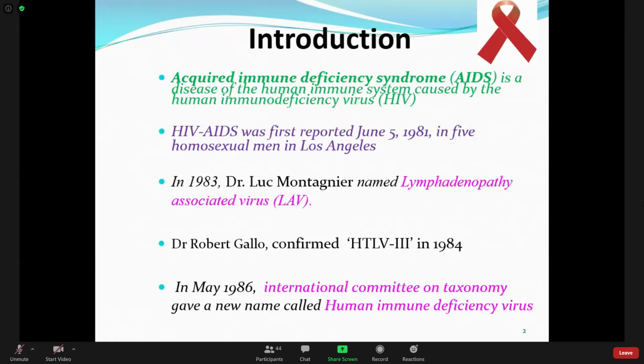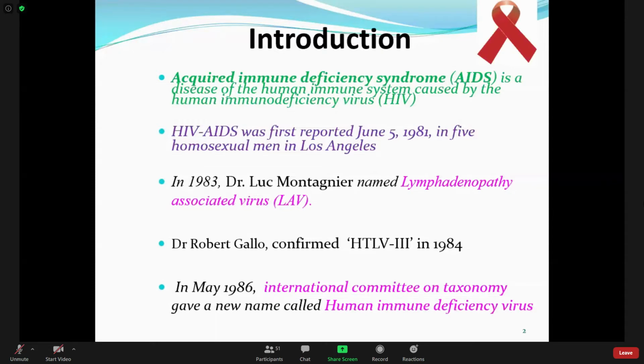Then after 2 years, in 1983, Dr. Luc Montagnier named it LAV, lymphadenopathy associated virus. After 1 year, Dr. Robert Gallo confirmed HTLV, human T cell lymphotropic virus, in 1984.